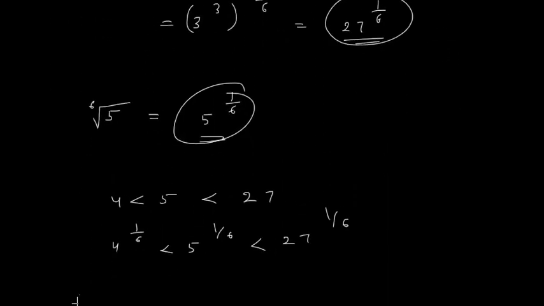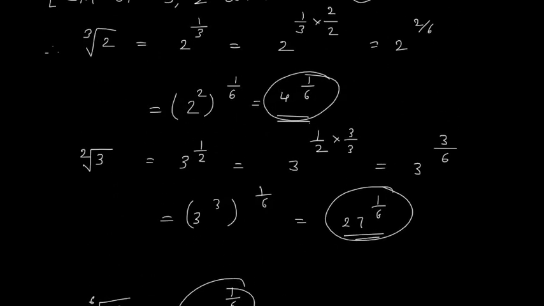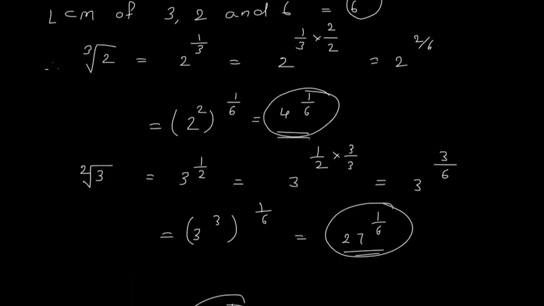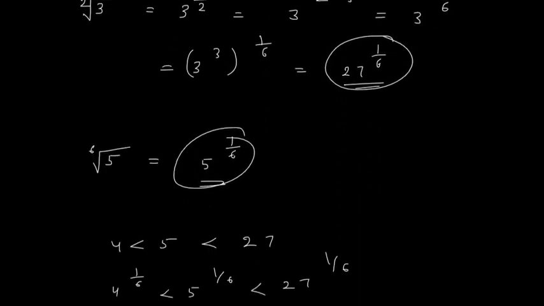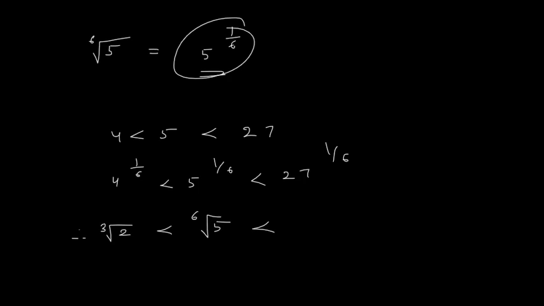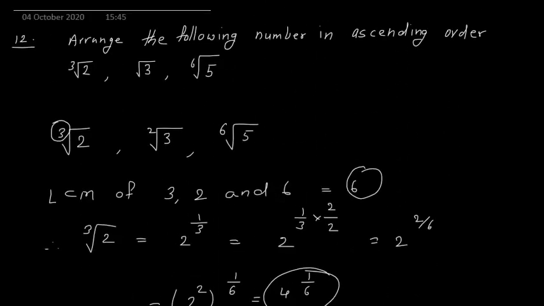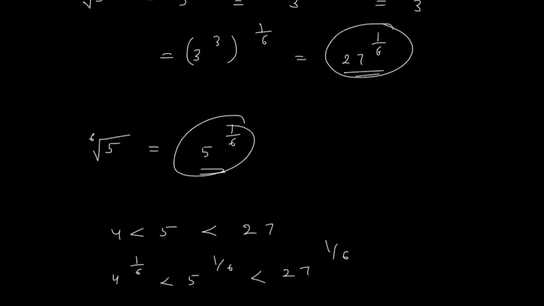Therefore I will say that the third root of 2 is less than the 6th root of 5, which is less than 27 power 1 upon 6, which is the square root of 3. And the problem is to arrange the following numbers in ascending order. So this is ascending order.